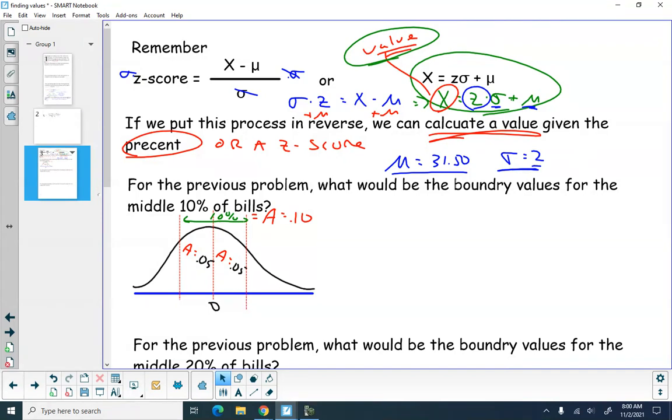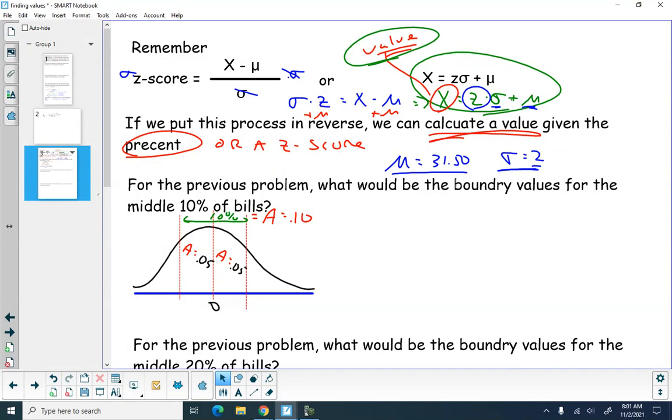Where do I find area on a z-table? This middle section right here. This middle section gave us the areas. So we're looking for an area that's 0.05.